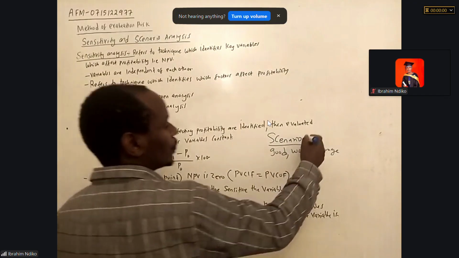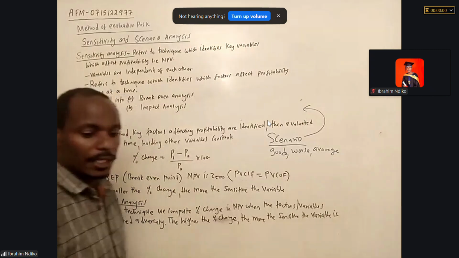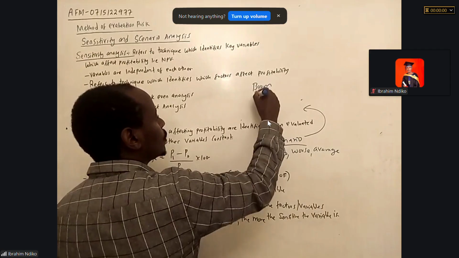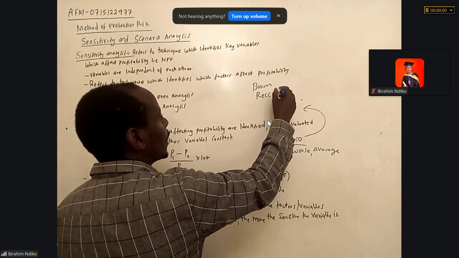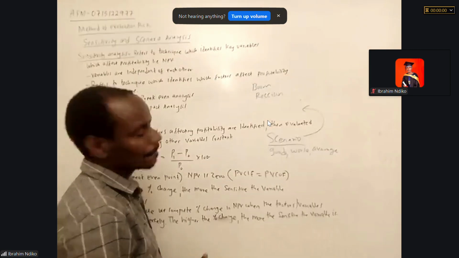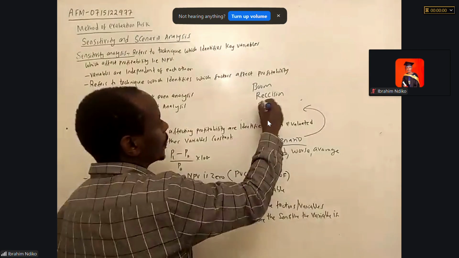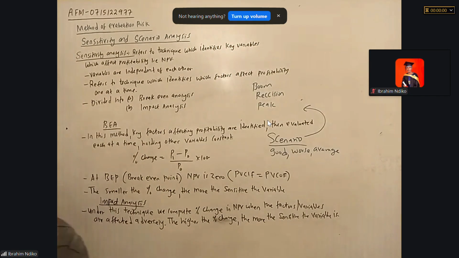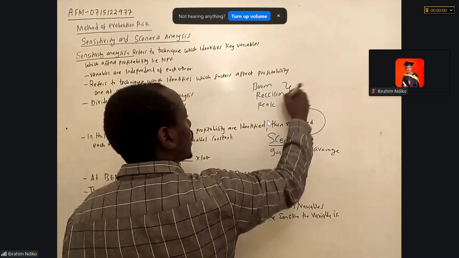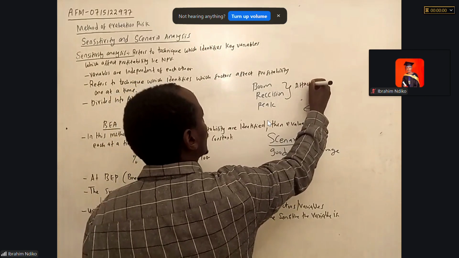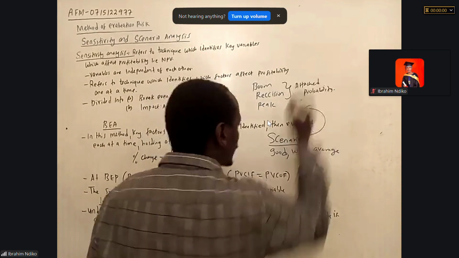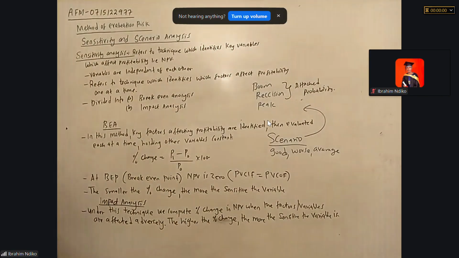Or the sector can have boom, recession, and maybe peak as our scenarios. And remember, they are always attached to probabilities. So when you talk about scenario analysis, you're talking about a base.